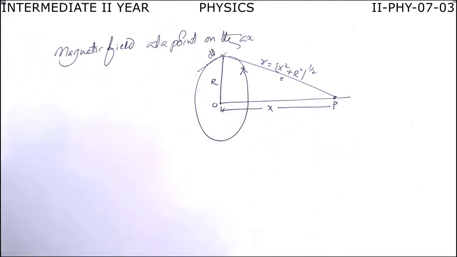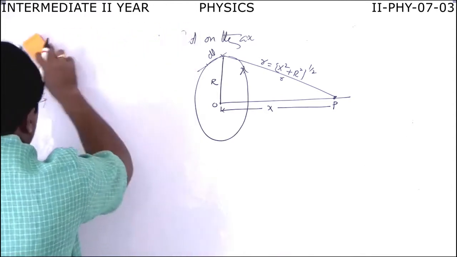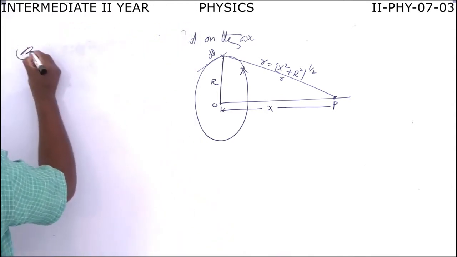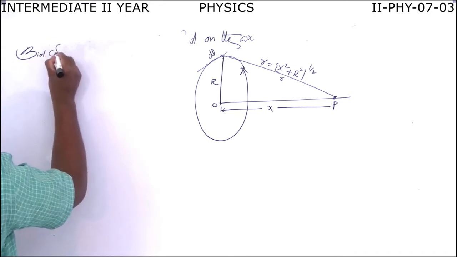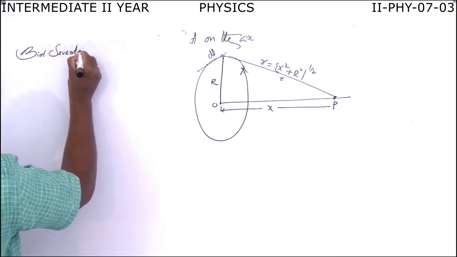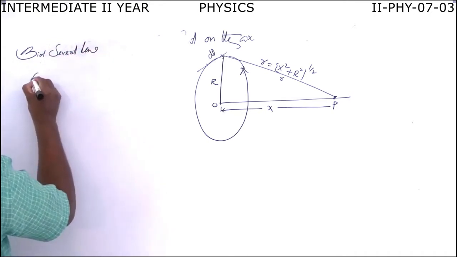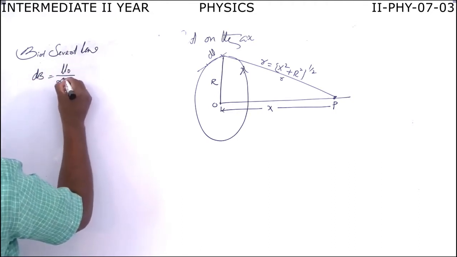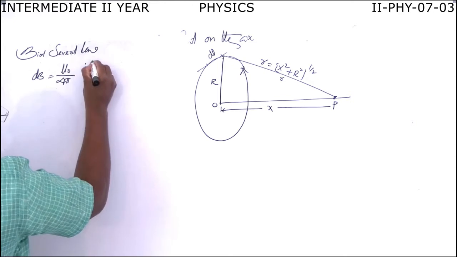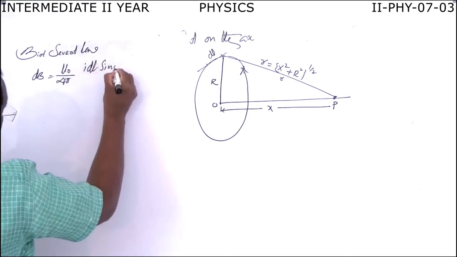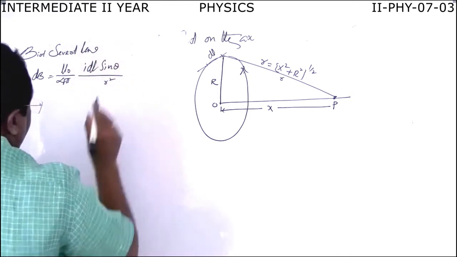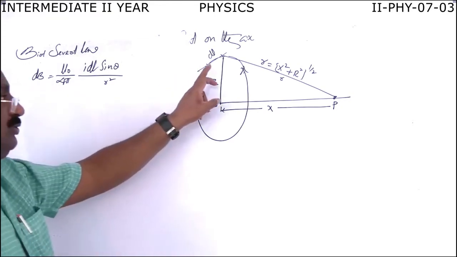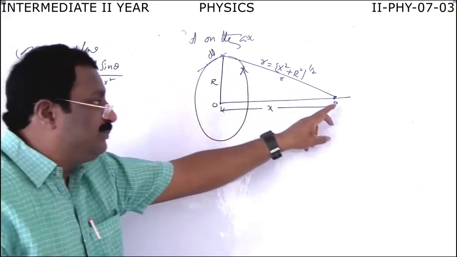According to the Biot-Savart law, dB is equal to mu naught by 4 pi I dl sin theta by r square, the magnetic field due to the small element at this point.